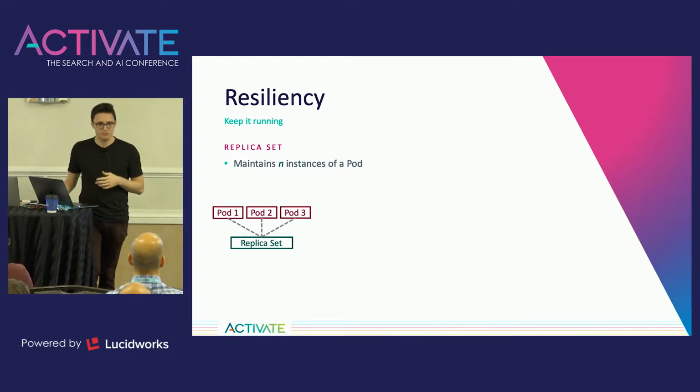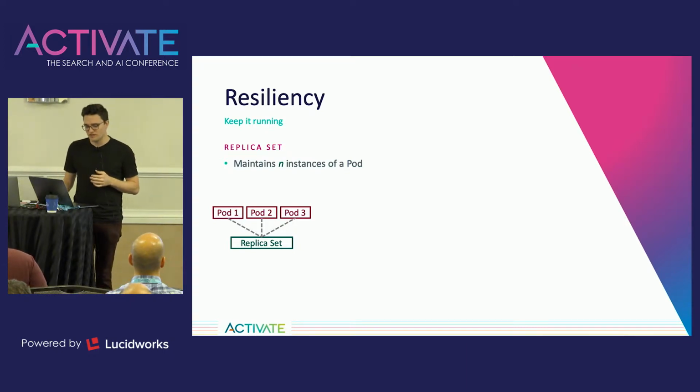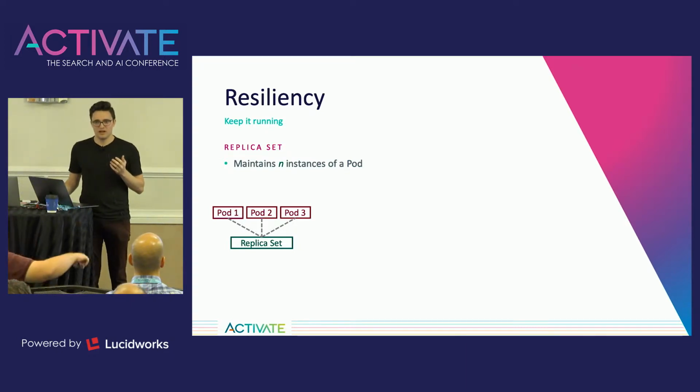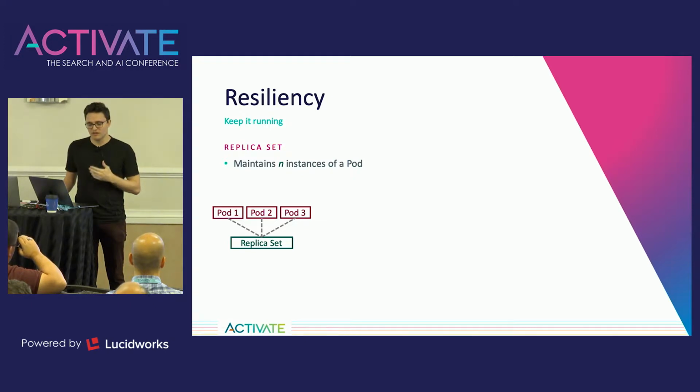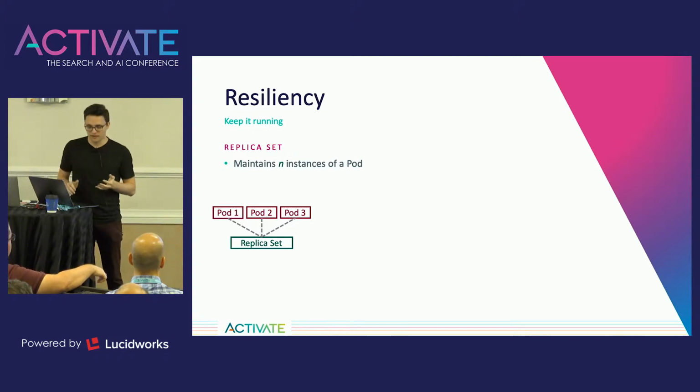A replica set mostly just runs n instances of a pod. So say I want to run 3 Solr nodes in a cloud. I could put in a replica set, give it 3 instances and the Solr pod specification, and 3 Solr pods will be created.